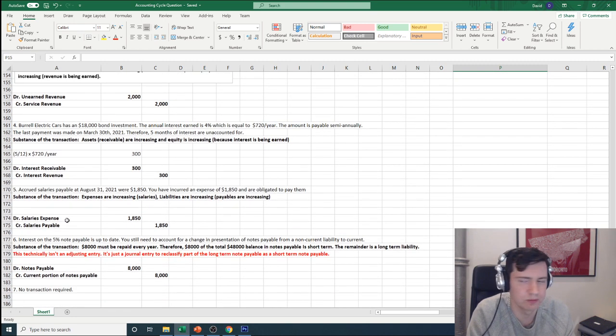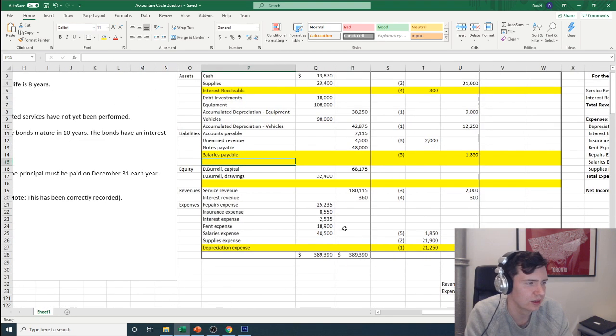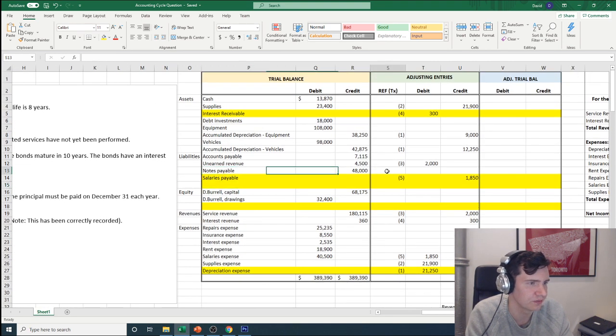So that's our 5th transaction, and now we're moving on to the last one, which is reclassifying a long-term note payable as a current portion of notes payable. So we're going to be debiting notes payable by 8,000. So this is our 6th entry, and we're going to debit it by 8,000.